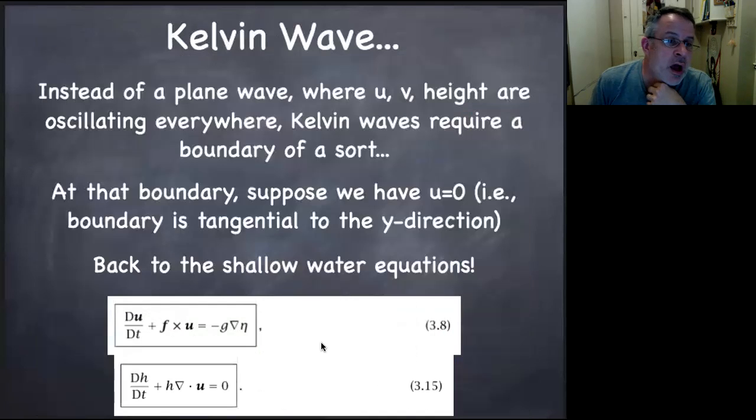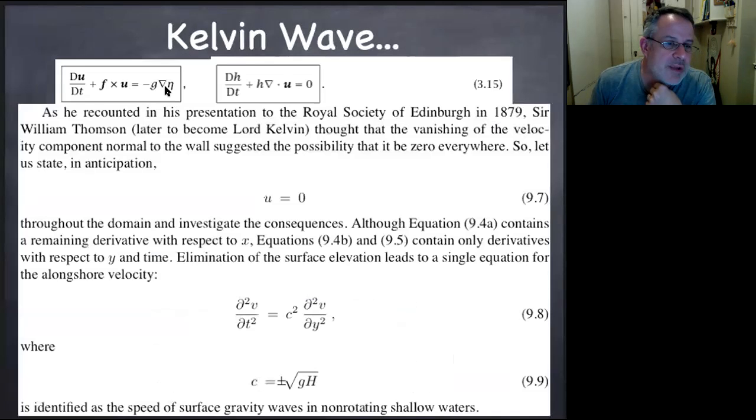In the Kelvin wave, if we have this boundary where u equals 0, we get a different class of solution, and we set u equals 0 not just at the boundary, but everywhere. Then we have only a v velocity to mess with.